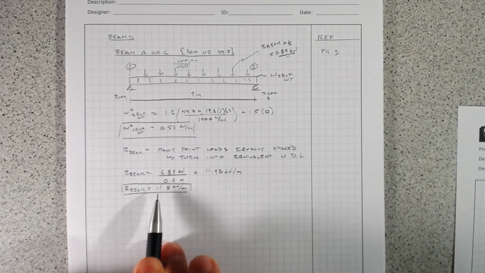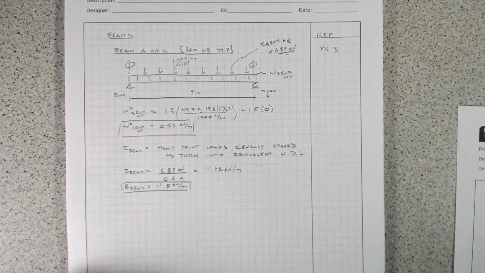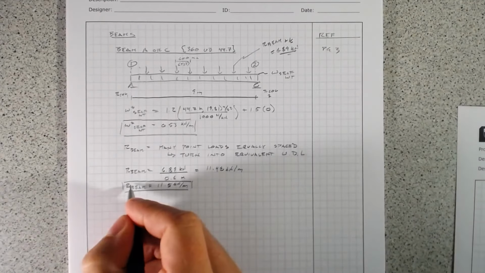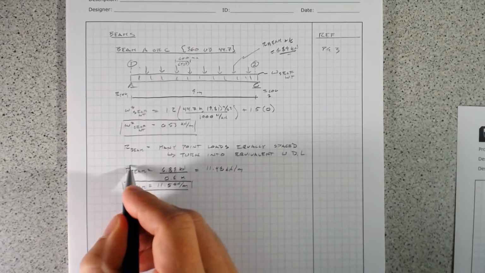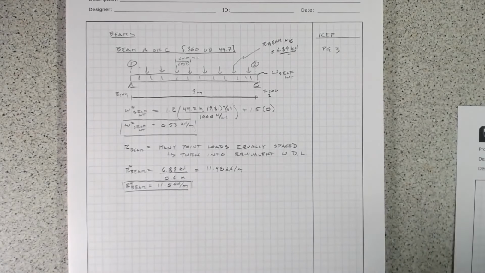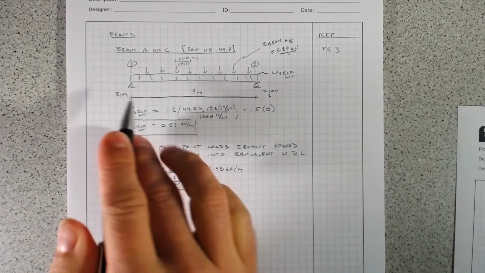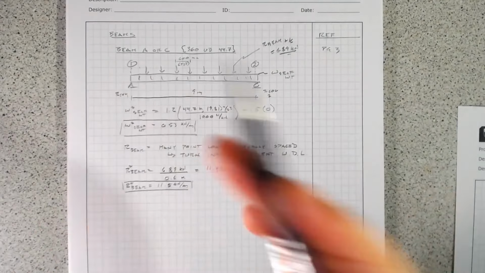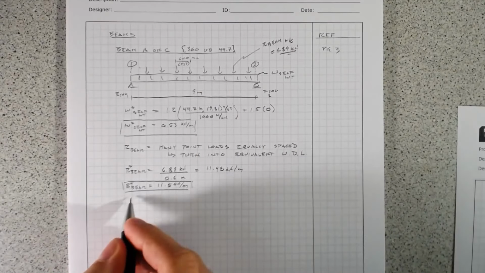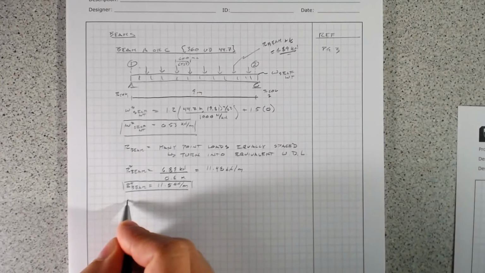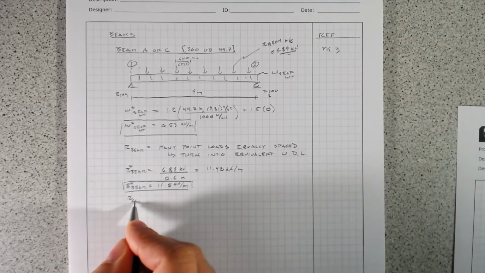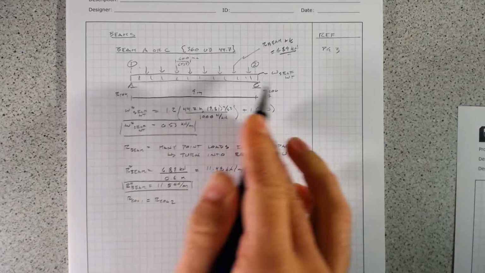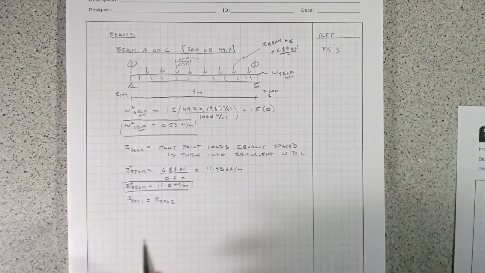All right, so now if we want to figure out what these reactions are, it's simply going to be these two uniform loads. And again, we'll do this R beam star just to make sure that we know these are already factored. Well, we just add these two uniform loads, multiply by the length, and then divide by 2 since everything is symmetric. So R column 1 equals R column 2, symmetric, so these are both going to be equal.